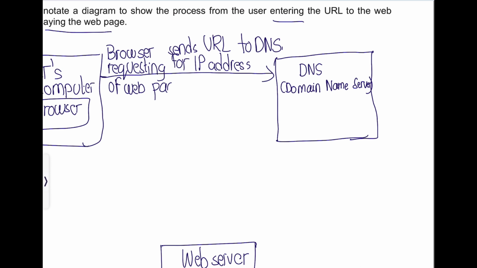The DNS then finds the IP address of the web page. If it does not have it, it will communicate with another DNS server, and once it has it from DNS server 2, let's say, it'll give it back to DNS server 1, which then will store it in its cache. So this is step 1.